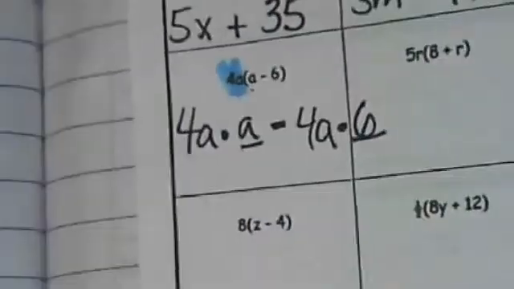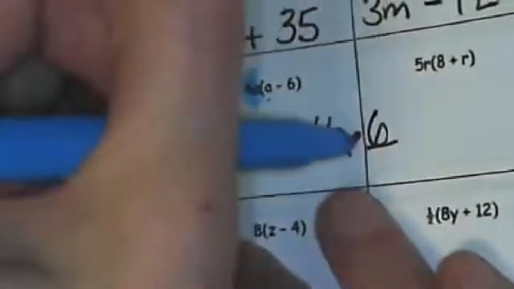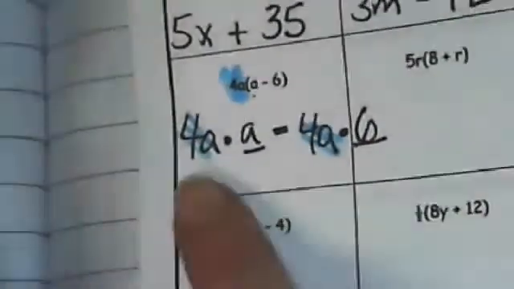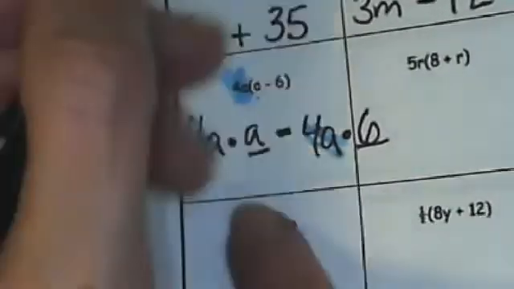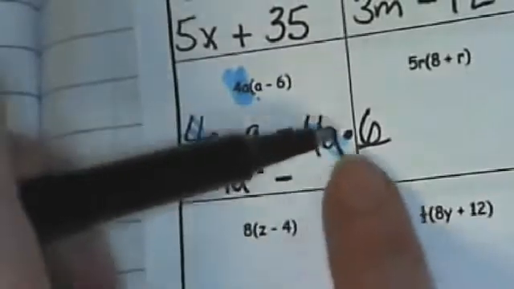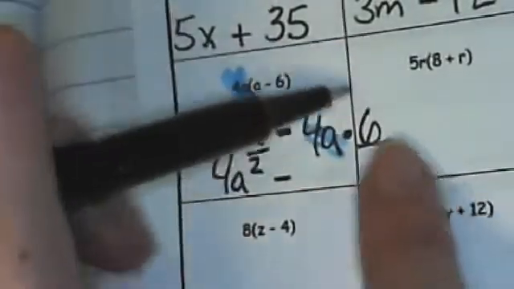You see that 4a is written twice. Whatever's outside of the parentheses is going to be written twice. So 4a times a would be 4a to the second, minus 4a times 6. So 6 times 4 is 24a.